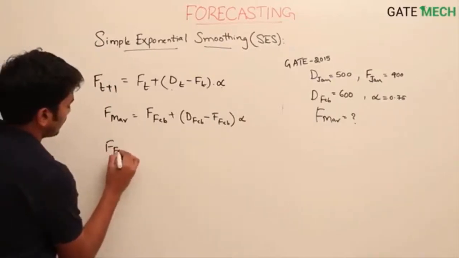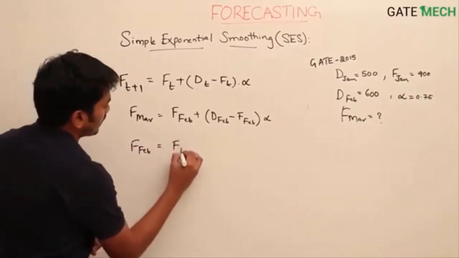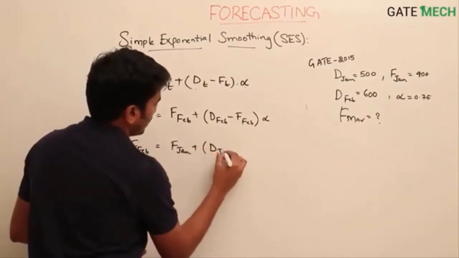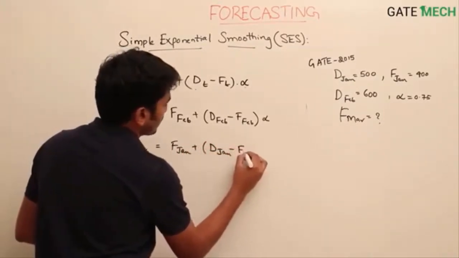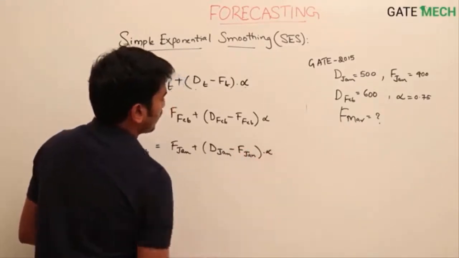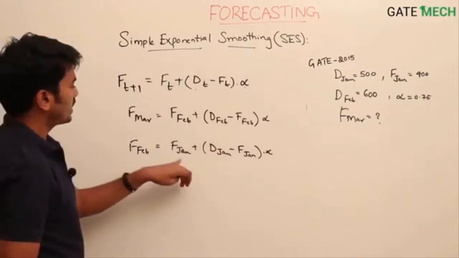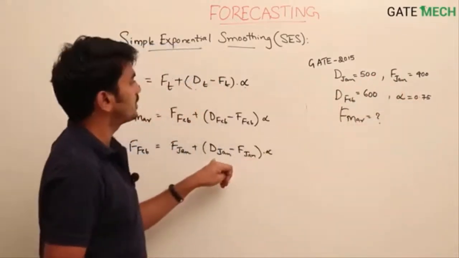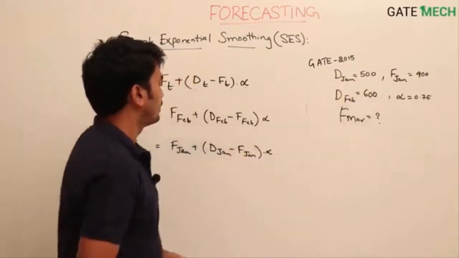So forecast for February will be forecast for Jan plus demand of Jan minus forecast of Jan into smoothing constant. And in this expression we have January forecast as well as demand for January.